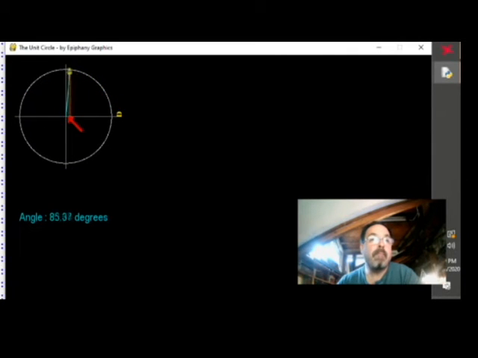The angle in degrees that is being measured by the program is the angle between the starting position, or the positive x-axis, and where the radius line is on the circle.